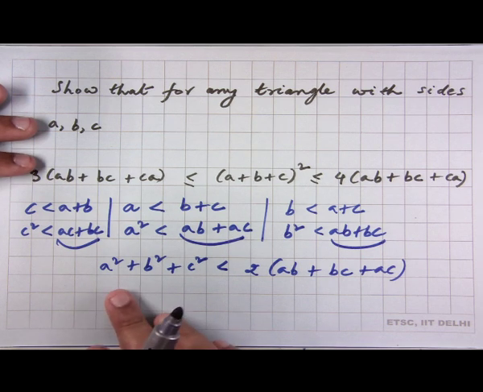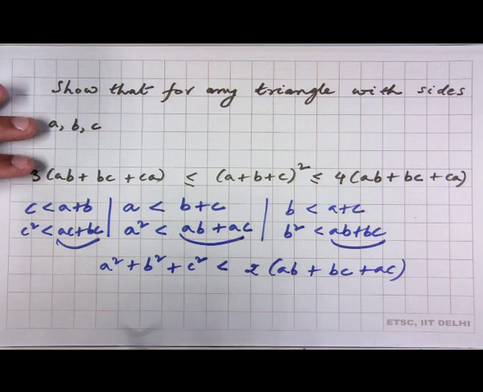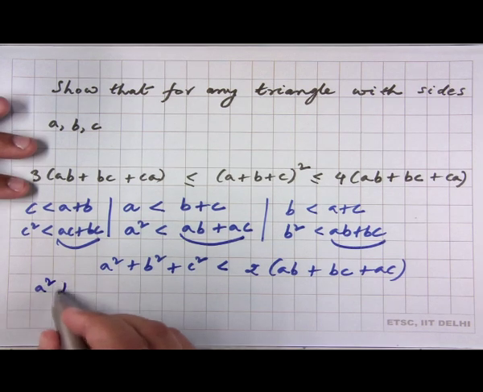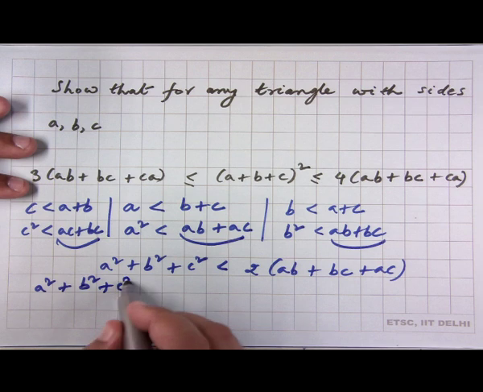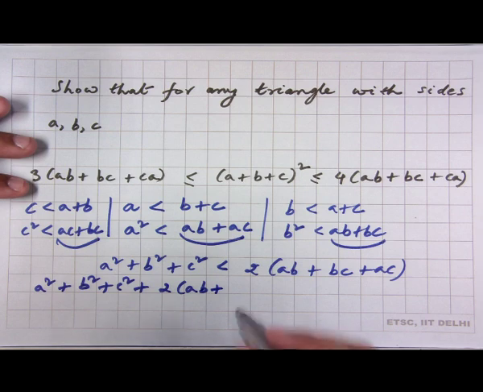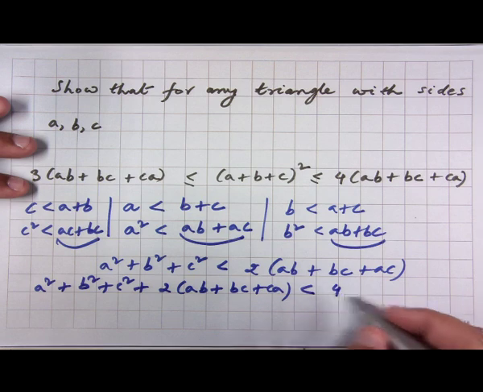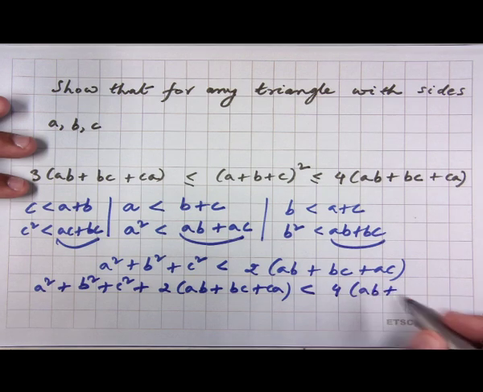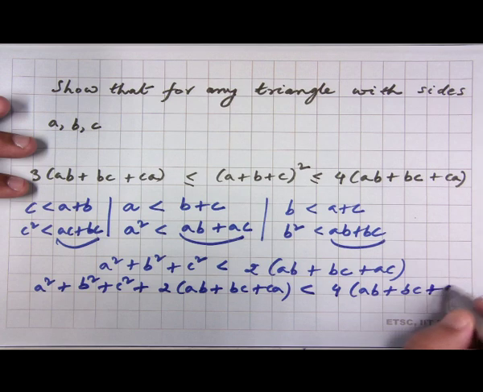And let us add 2 times AB plus BC plus AC to both the left and the right hand side of this inequality. So, what we then get is that A square plus B square plus C square plus 2 into AB plus BC plus CA is less than 4 into AB plus BC plus CA.